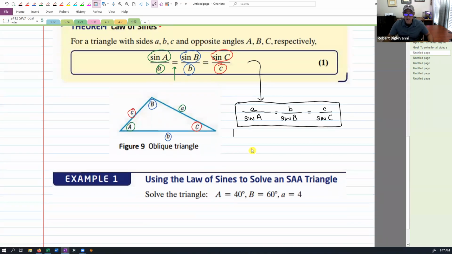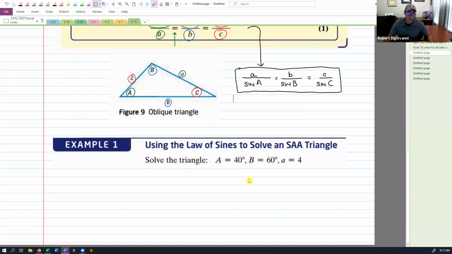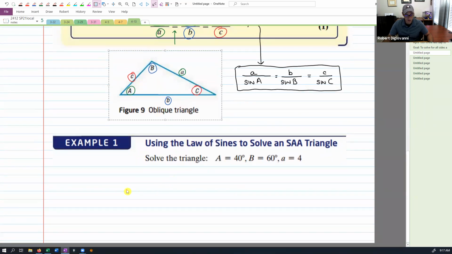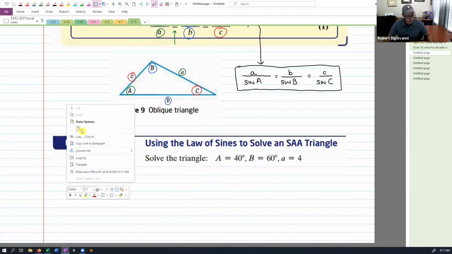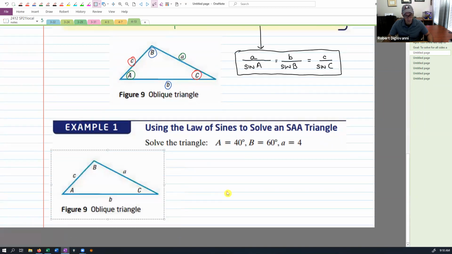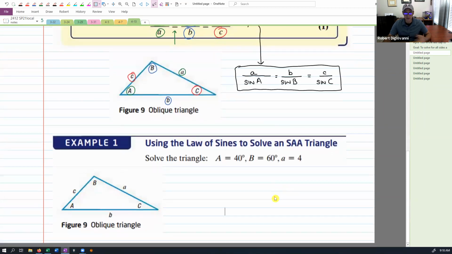All right, so now let's try and do a problem and see how we can use the law of sines to solve the triangle. So what I'm going to do here is paste this guy here, and try and use the law of sines. So I'm given that the angle A here is 40 degrees. So I'm just going to label this triangle.